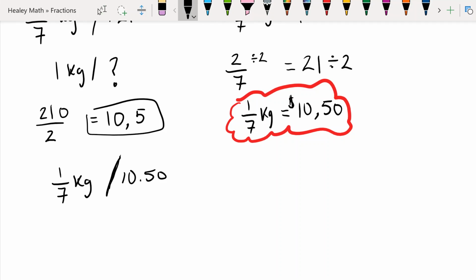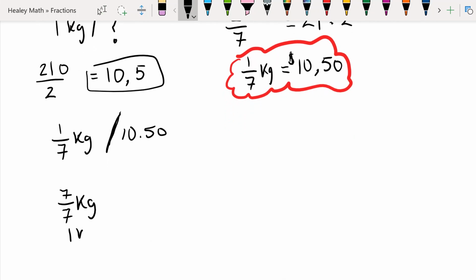To go to 7/7 of a kilogram, okay, this is 1 kilogram, well, to get from 1/7 to 7/7, we need to multiply by 7. And what you do to one side, you must do to the other.